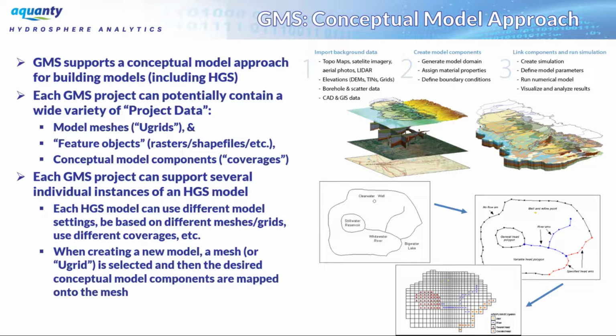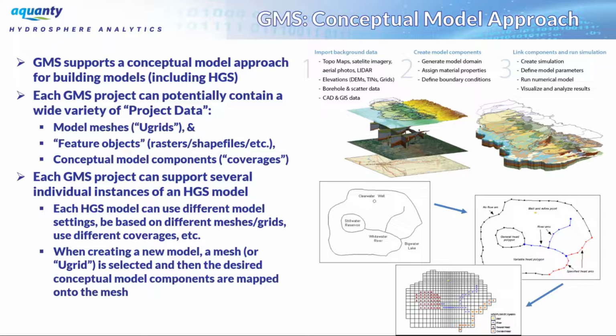Within each GMS project, you can save a wide variety of data objects that are independent of any individual model. This means each GMS project can potentially contain a large number of meshes, or as they're known in the world of GMS, U-grids, as well as different feature objects. These are essentially GIS-based data objects, as well as coverages.